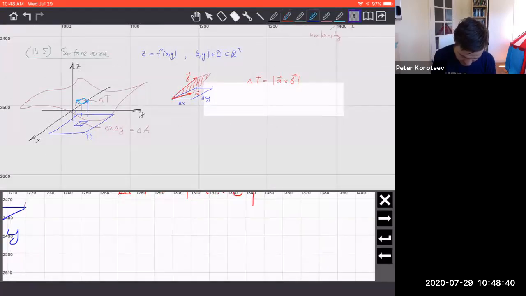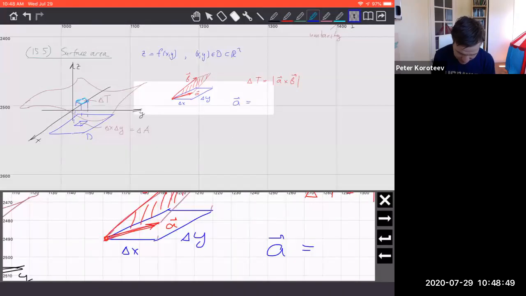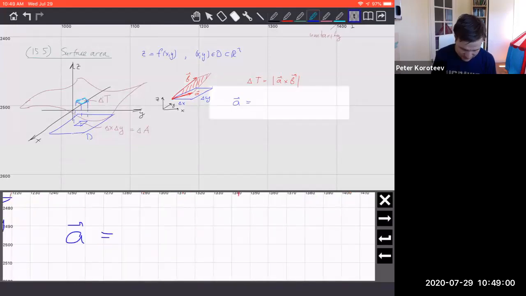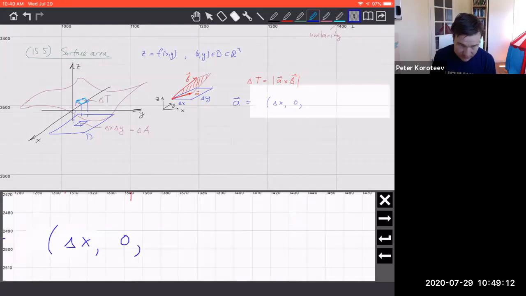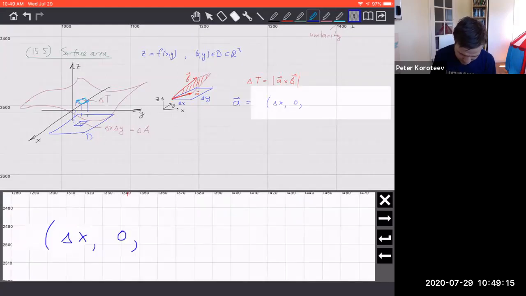So close inspection tells us that vector A has only components in the x-axis and in the z-axis. So x goes here, y goes there, and z goes over here. So vector A would have components delta x times i plus, well, let's write it like the vector, right? So it's equal to delta x, comma 0, and here it will be the partial derivative f_x at this point, right?